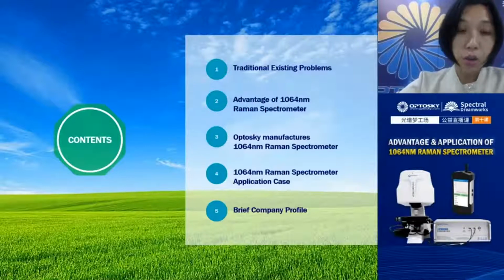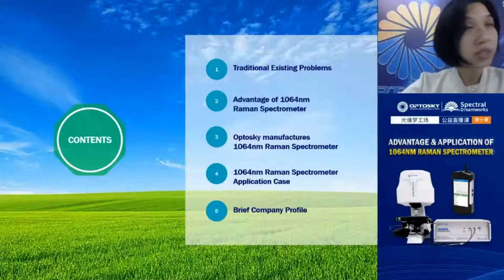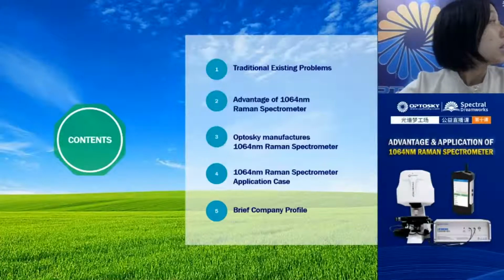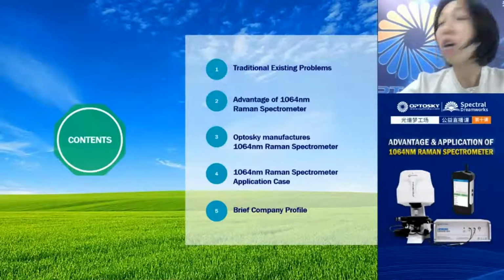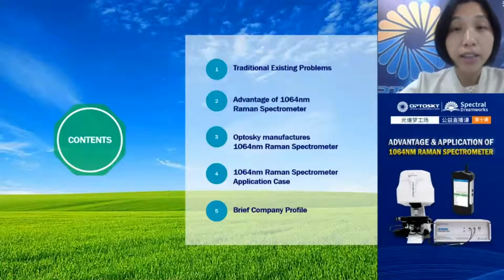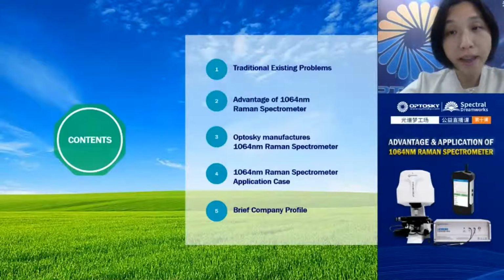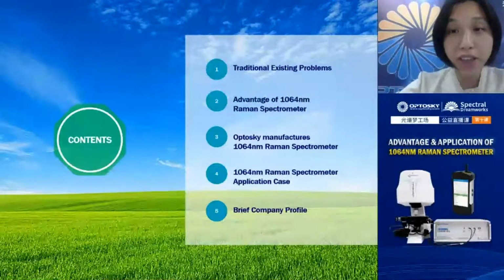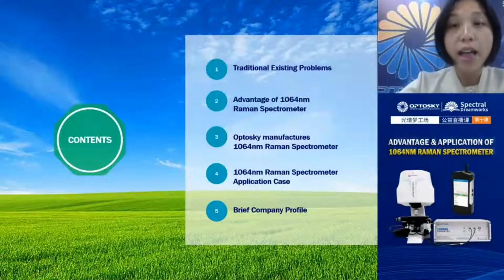In today's PPT, we will share this knowledge with you from the following 5 parts. And part 1 is the traditional existing problems, and the second is the advantages of 1064 nanometers Raman spectrometers.